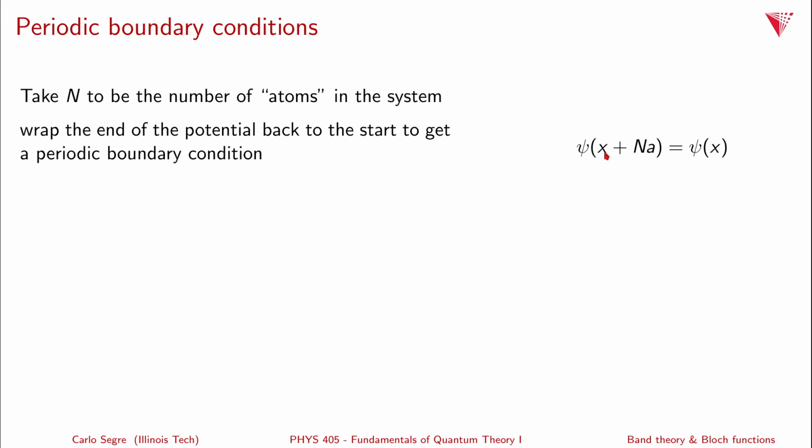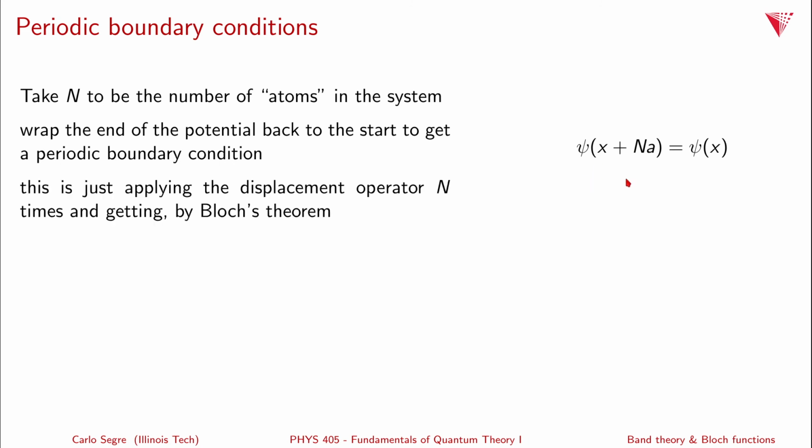But we know that every time we apply the displacement operator with the Bloch function, we get e to the i q a as a phase. So this is just applying the displacement operator N times, right? And so by Bloch's theorem, you get that e to the i N q a times psi of x has got to be equal to psi of x, right? Because it brings you back to the original position.